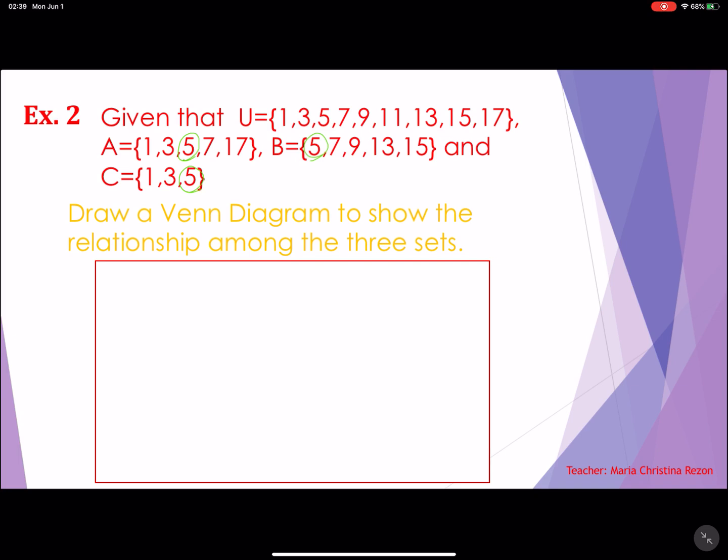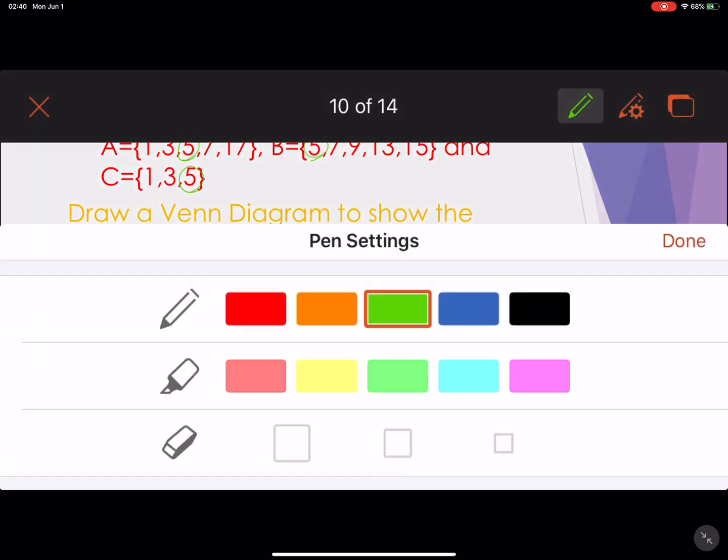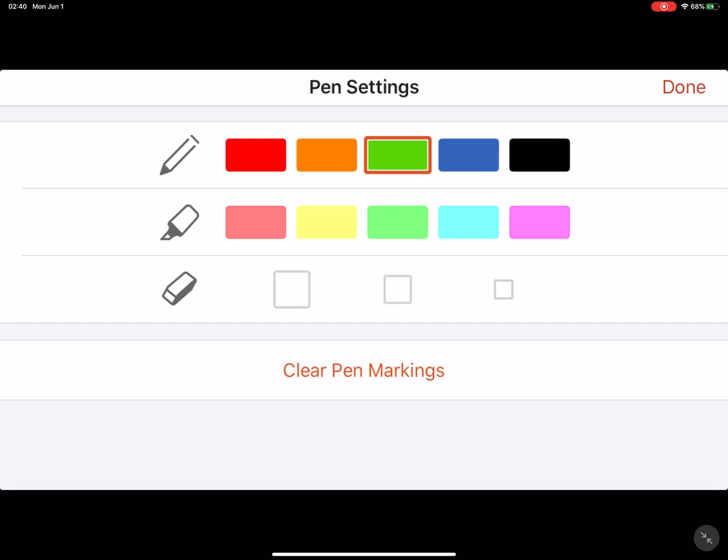But A has 2 elements in common with B, which are 7 and 5. So if you are going to mark that, let's see what we can have here.